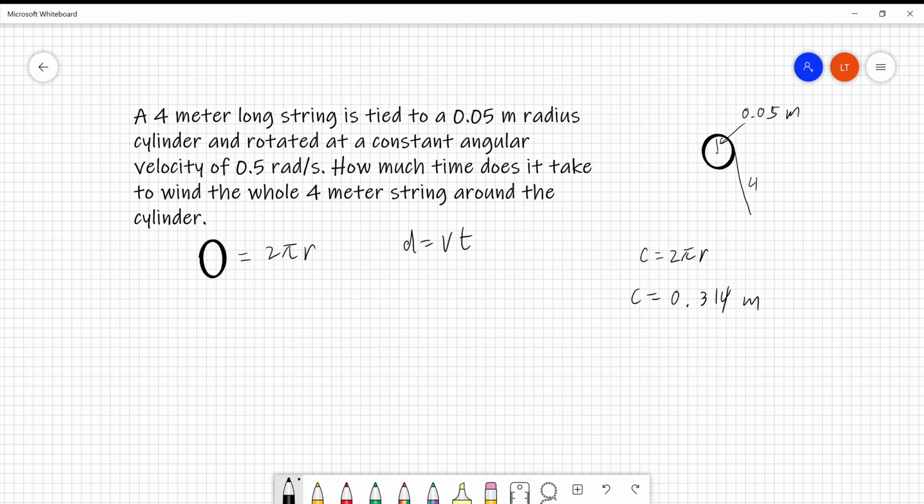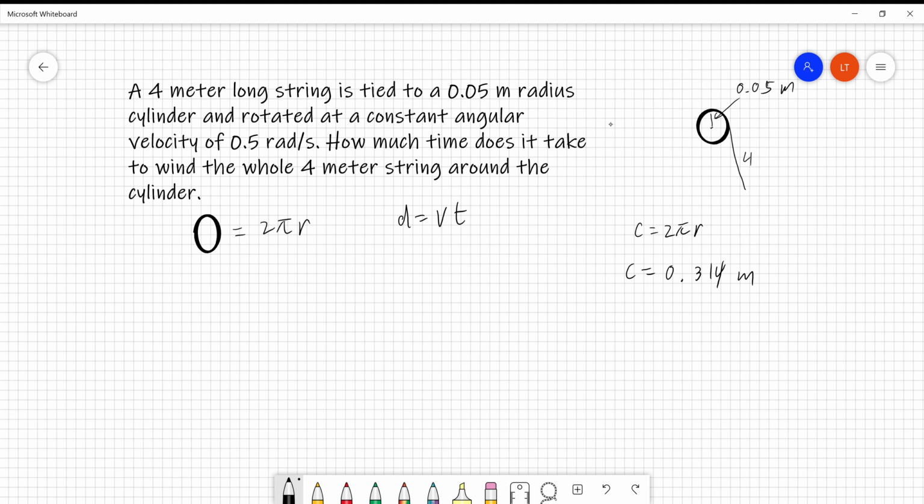Okay, so 0.5 radians is 0.0795, that much of a circle.